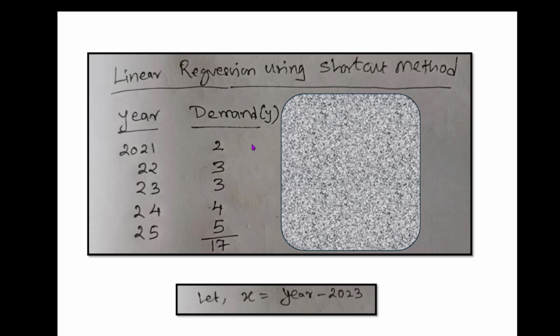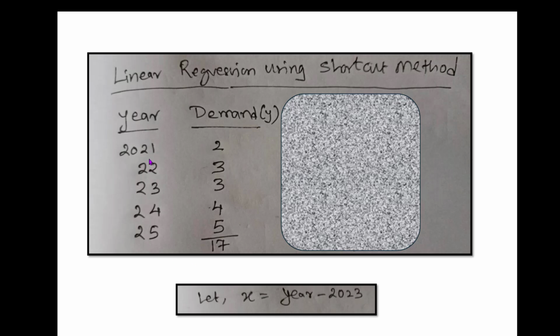Then in 2022 it is 3, 2023 it remained 3, in 2024 it is 4, and 2025 it is 5. So this is our demand and these are our years. So how do we calculate the forecast for the next year by developing a linear regression equation between these two variables?